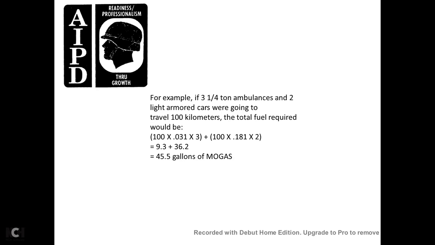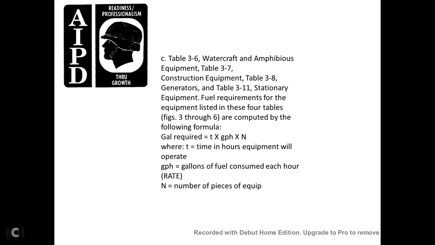For example, a 3/4 ton ambulance and 2 light armored cars that are going to travel 100 kilometers, the total fuel required would be 100 times 0.31 times 3, equaling 9.3, plus 100 times 0.181 times 2, equaling 36.2, which is 45.5 gallons of MoGas.